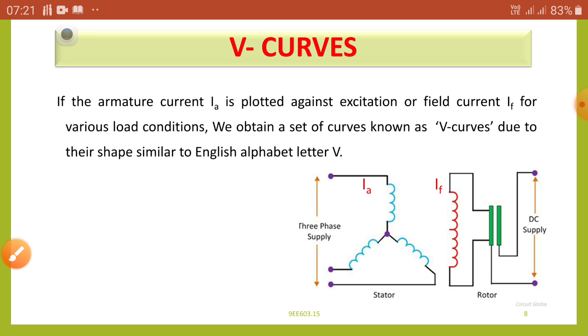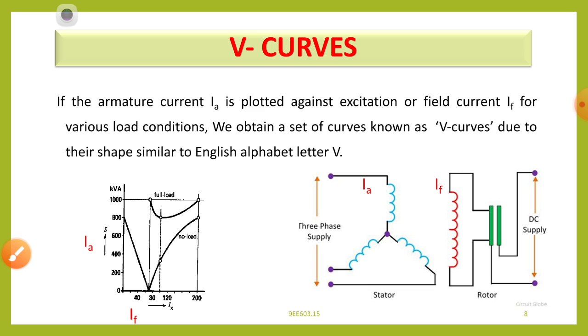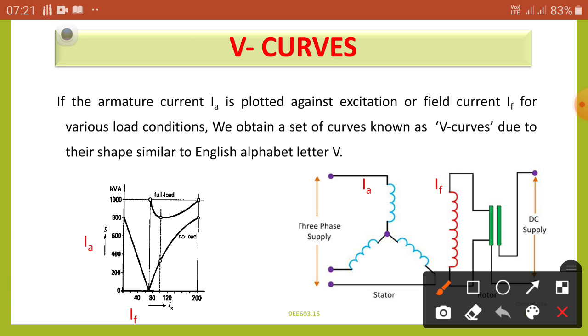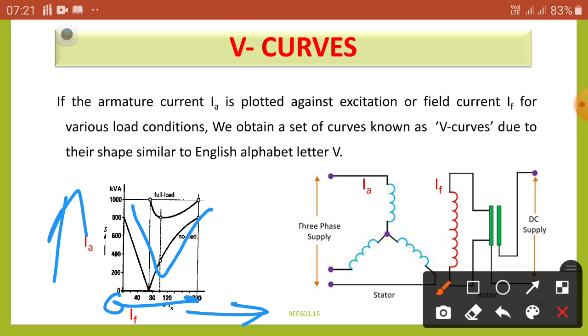So let us see. Now here you can observe the V curves. The field current is taken on the x axis and the armature current on the y axis. Then see how the curve forms by changing the field current from a small value to a higher value.